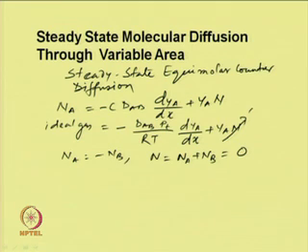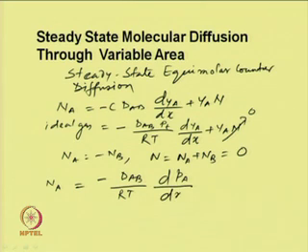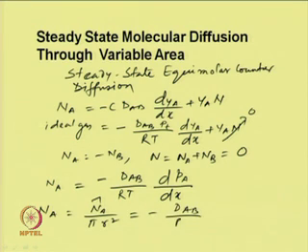So, then this term will be 0 and we have the flux Na will be minus dAB by RT dPA by dx, and also Na we can write Na cap by pi r square, and this is equal to minus dAB by RT dPA by dx.